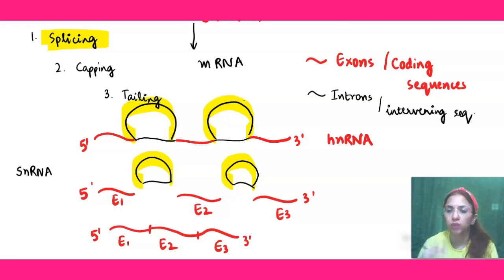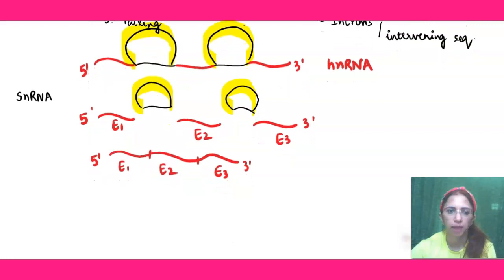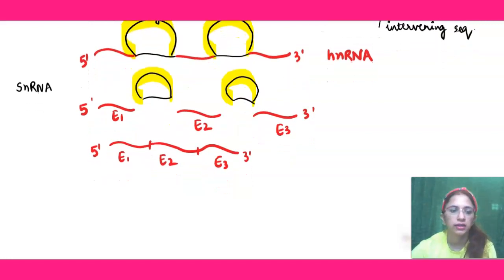So this is what splicing is. Splicing is the removal of all the intervening sequences or introns and the ligation of all the exons or coding sequences together, right? After this, the second step happens, and that is the capping step, okay?